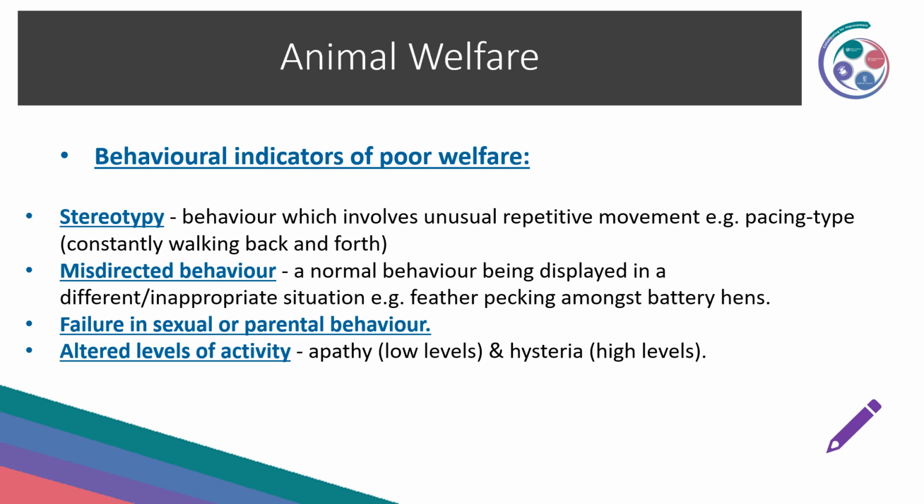These can either be abnormally low levels of activity, referred to as apathy, or extremely high levels of activity, known as hysteria. This is often seen in battery hens, where they all suffer from hysteria and end up trampling on each other, hurting and killing each other due to being packed so tightly in a small space.